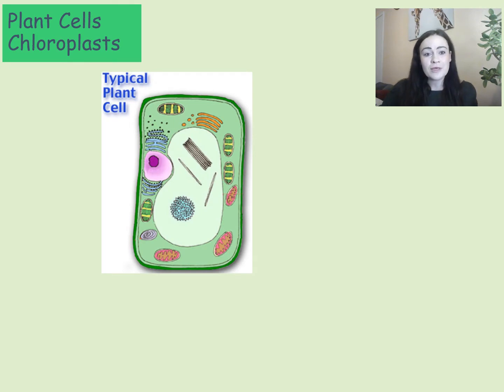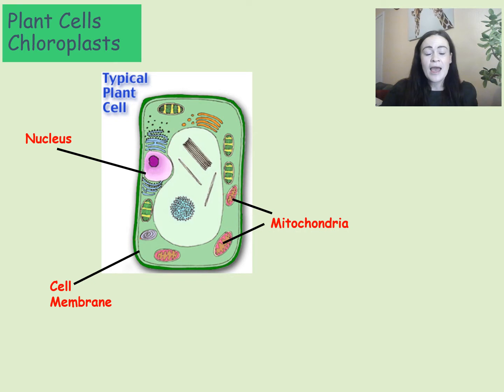Let's have a little recap about the different parts of the plant cell. We've obviously got our nucleus, we've got our cell membrane, which is the inner line of that diagram there. We've got our mitochondria, which is the site of respiration.